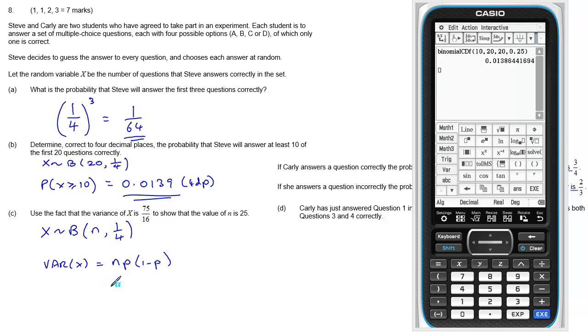So what we're being told is that 1/4 multiplied by 3/4 multiplied by n is 75/16. So 3/16 n equals 75/16, so 3n is 75, giving us that n is 25.